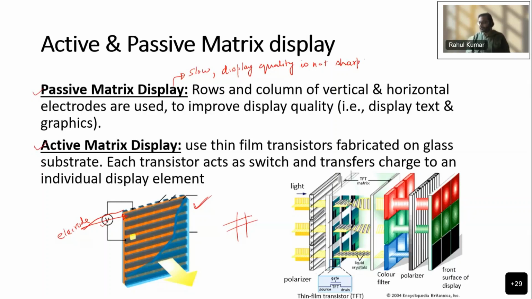On the glass itself, you fabricate transistors. So transistors are fabricated on the glass substrate, and inside this, you can assume it to be a cell or a chamber, and inside this you have your liquid crystal.